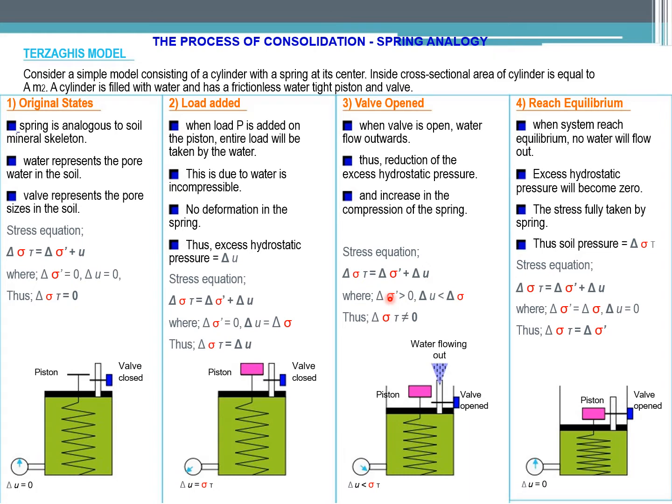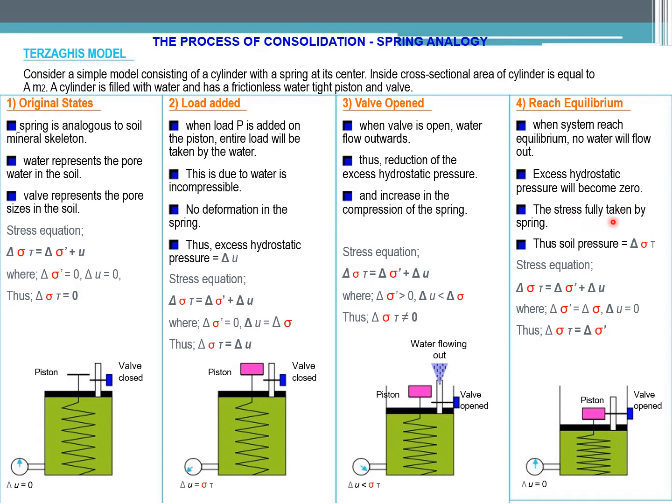So now we look at when it reaches equilibrium. When you open the valve and apply the load, and then the system reaches equilibrium, no more water will flow out. So excess hydrostatic pressure will become 0, because there is no more water.